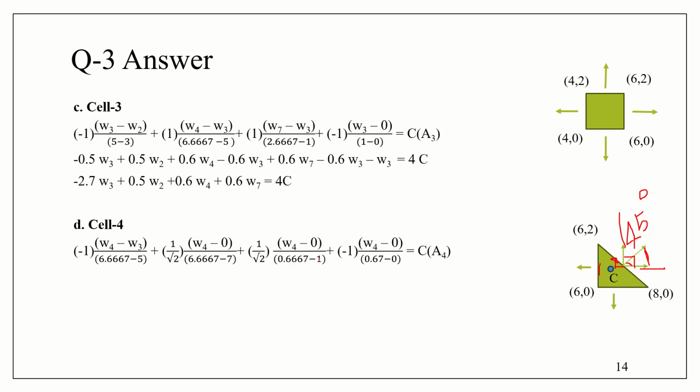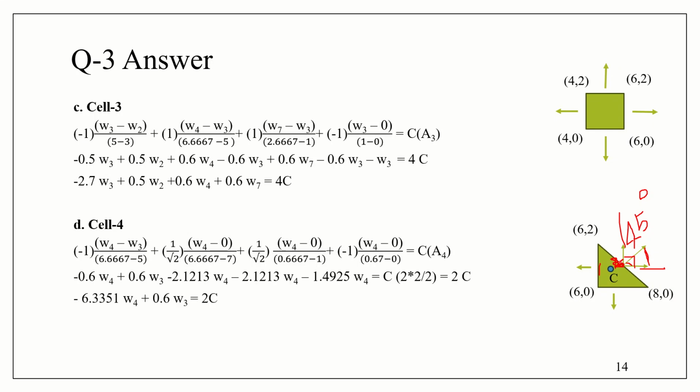So 0.667 cross 1, and the midpoint would be 7 cross 1 of that particular side. After simplification we get this, and for the area we have half into base into height, so half into 2 into 2 gives us 2. So this is how we discretize cell 4.